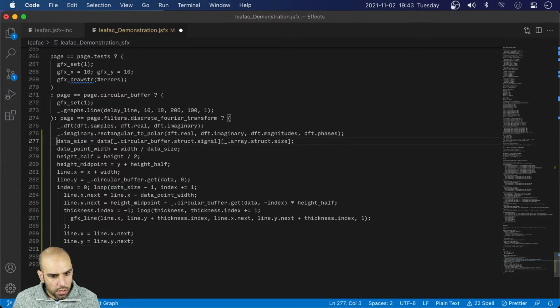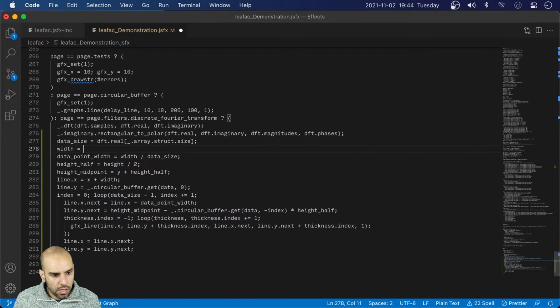So in terms of data size, this is going to be based on the samples. No, the real part. The real part is not a circular buffer. It is already an array. Then the data point width, I need to give this width a value.